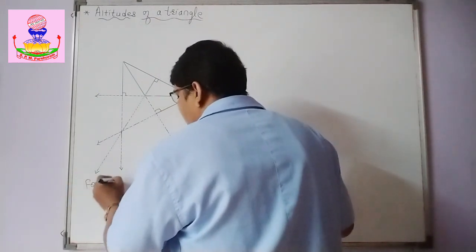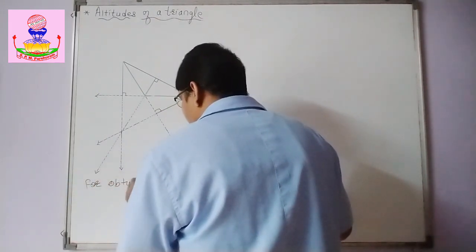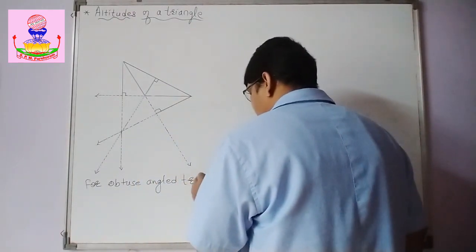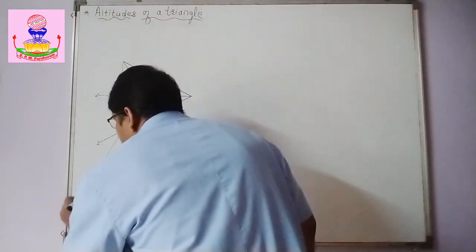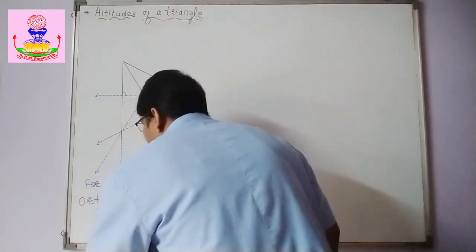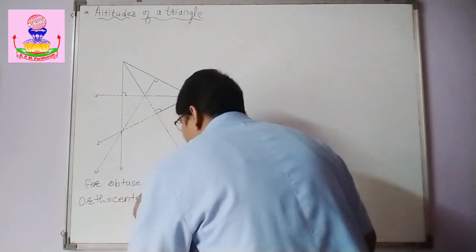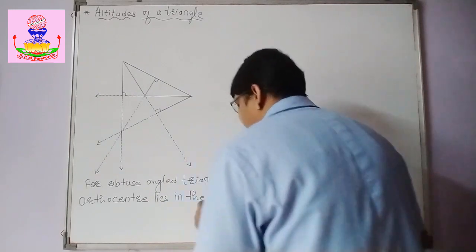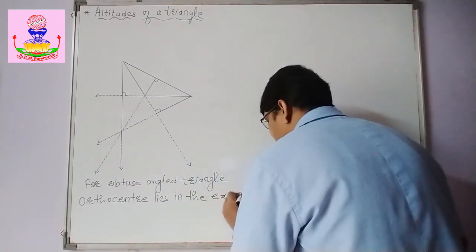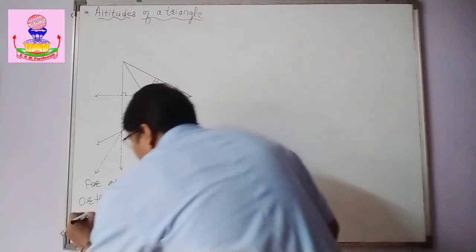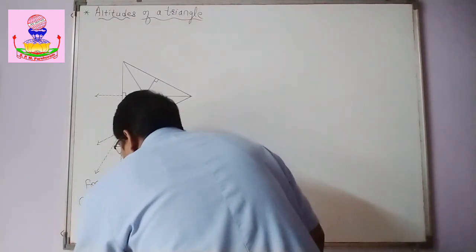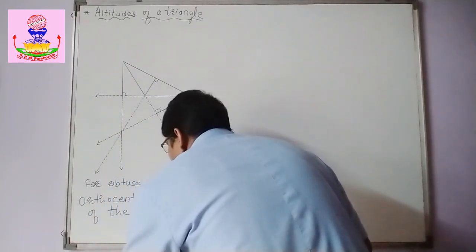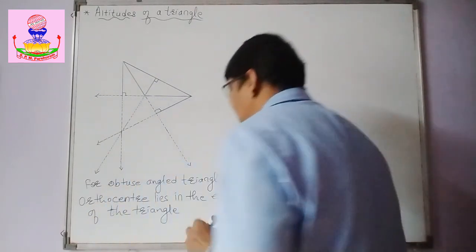Okay, so here we can see, for an obtuse angle triangle, the orthocenter lies in the exterior of the triangle.